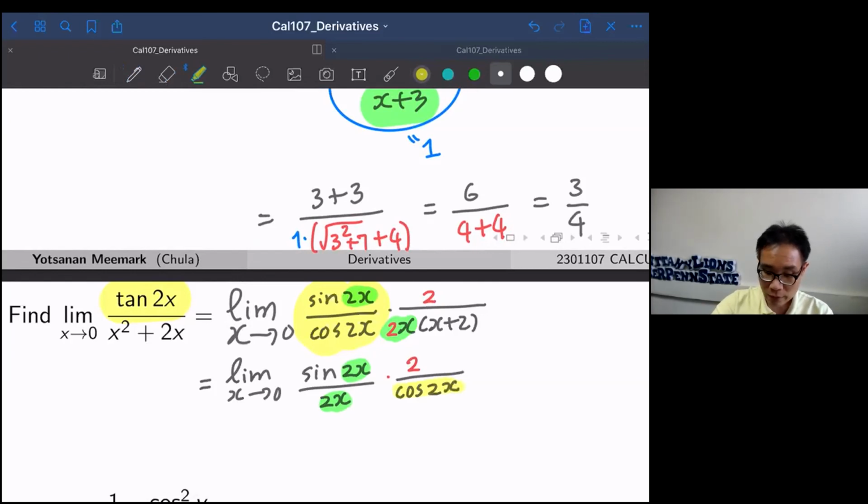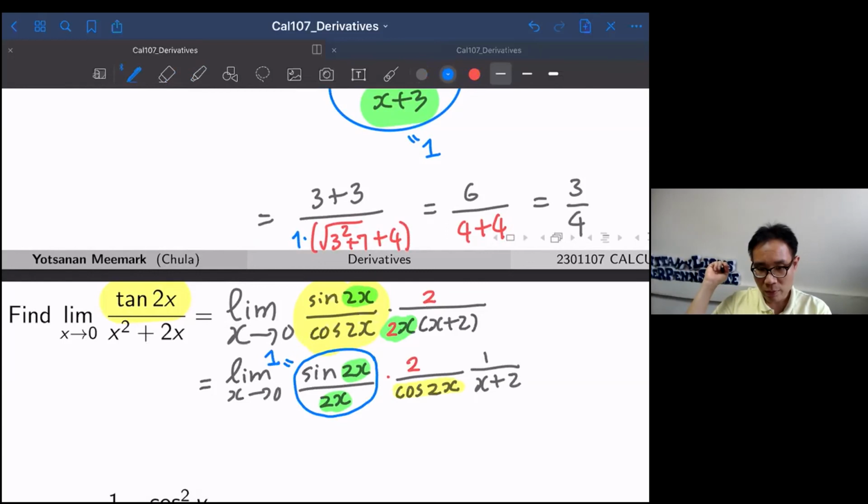And you have 1 over x plus 2 left, not 1 over 2x. So you have this limit equal to 1, and you take x going to 0.